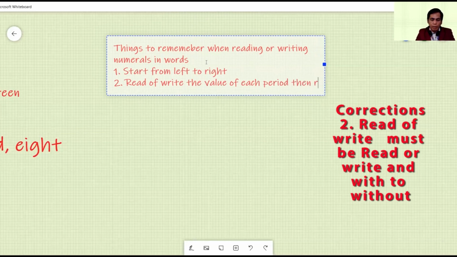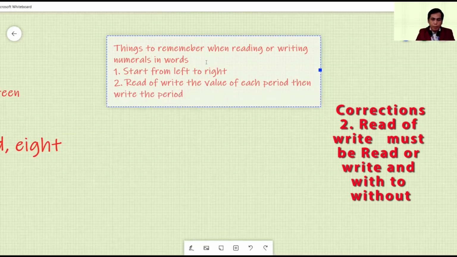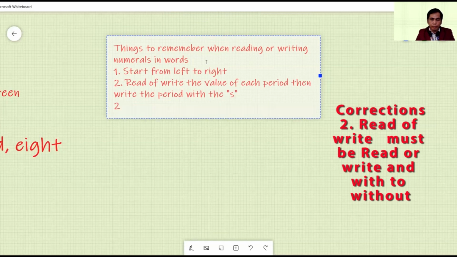Then write the period without the S. We also separate the periods by a comma.